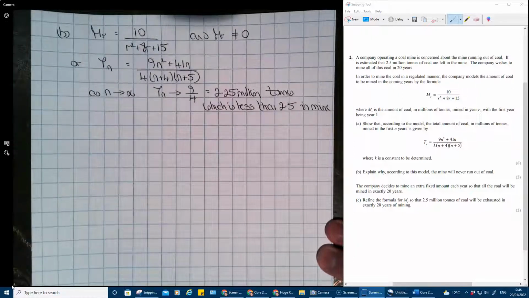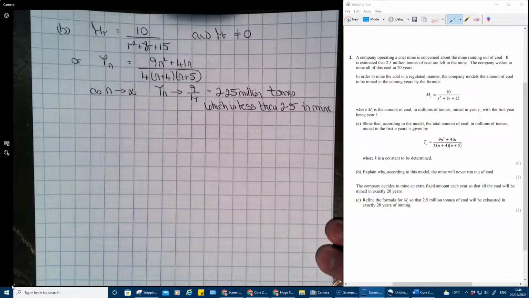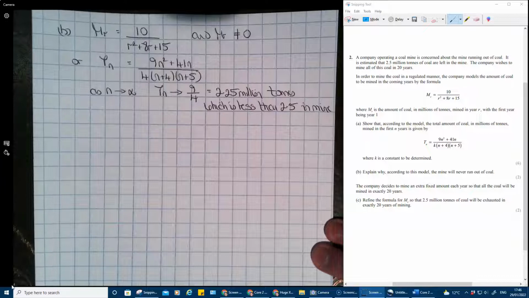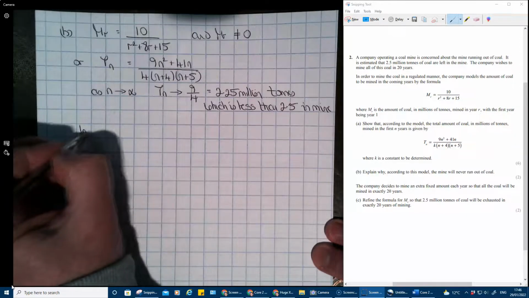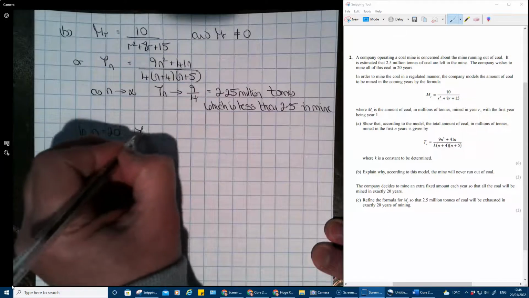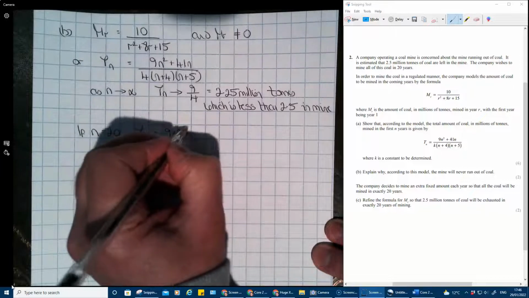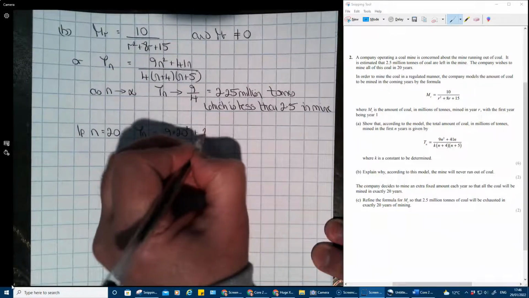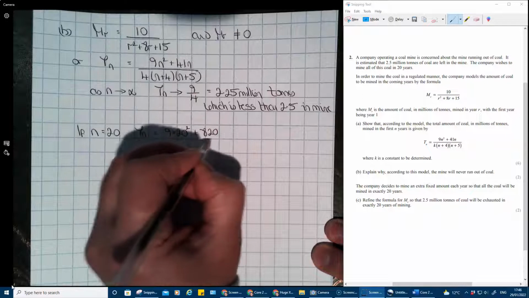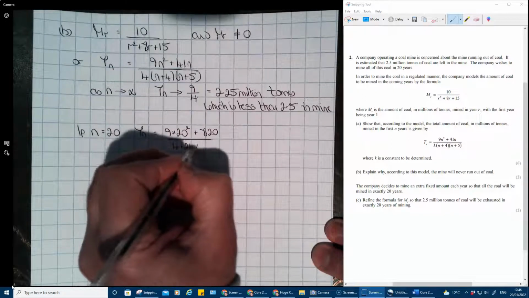Alright, okay, so now we're going to adapt it. So after 20 years comes an extra fixed amount each year, so all the coal will be mined in exactly 20 years. Okay, so based on the current model, if N is 20, then the amount mined will be (9 times 20 squared plus 820) over 4 times 24 times 25.